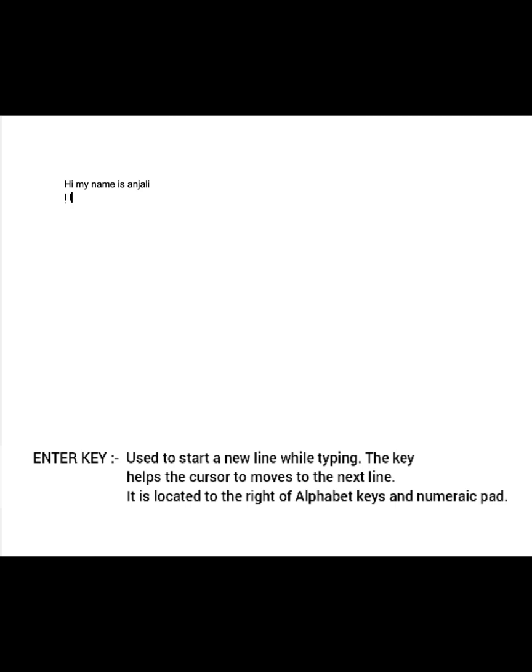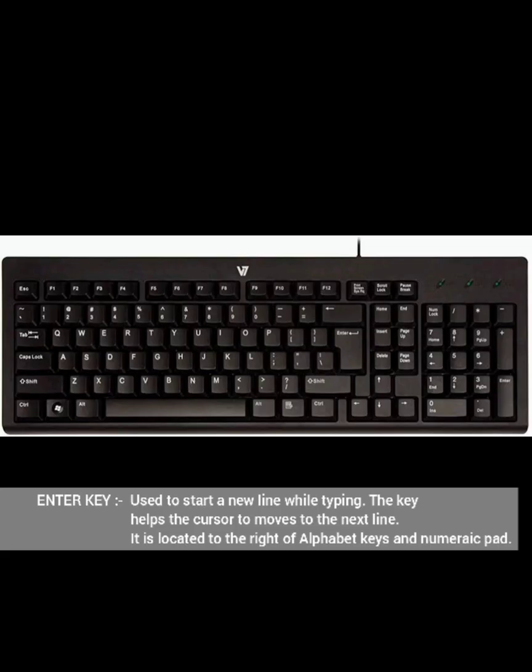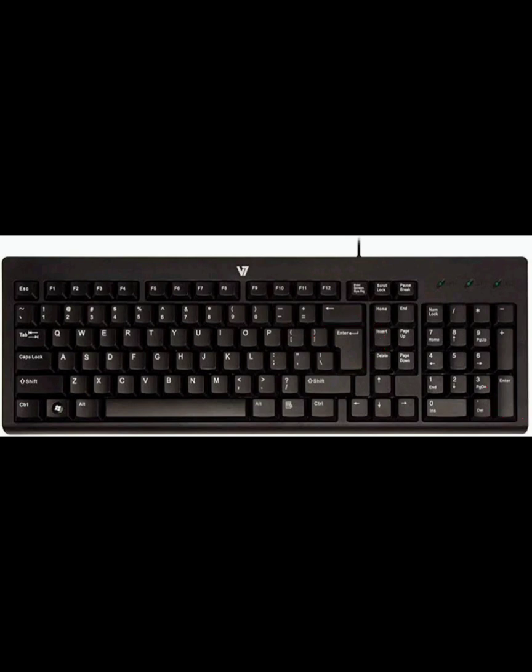Okay, as you can see, we have pressed enter key and the cursor is going to the next line. So what enter key does, it moves the cursor to the next line.